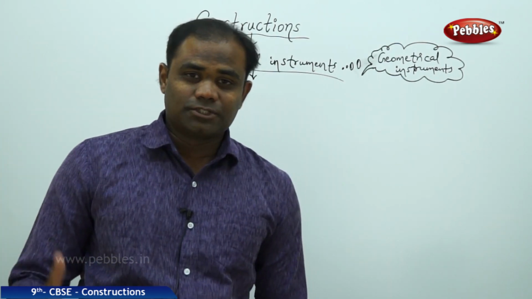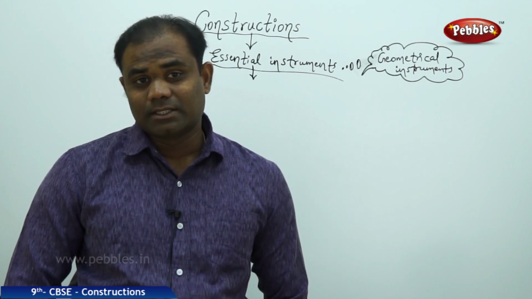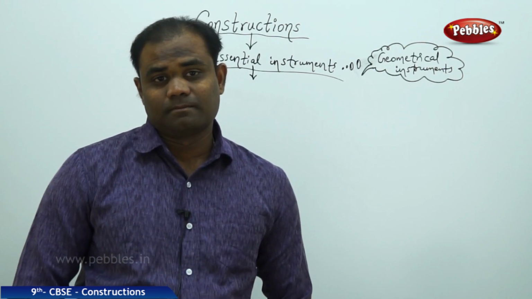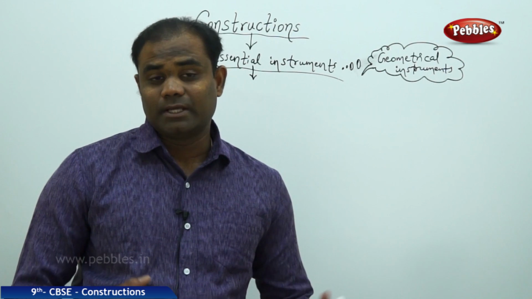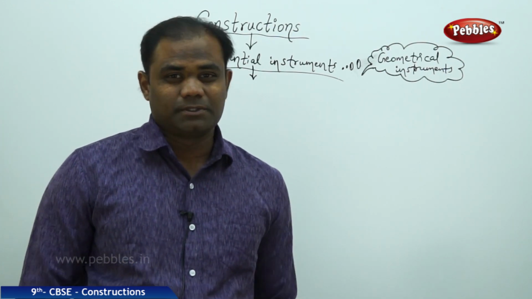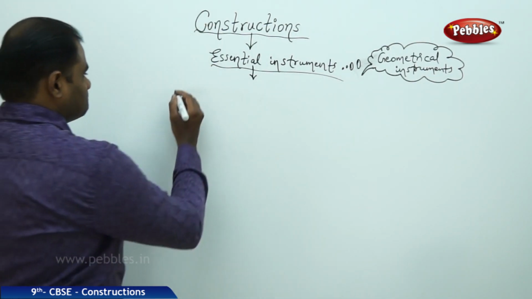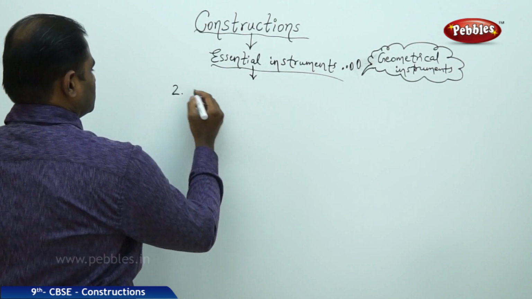Now the second essential geometrical instrument after the ruler is the compass. So let's see how the compass helps in construction of perfect pictures or perfect diagrams.